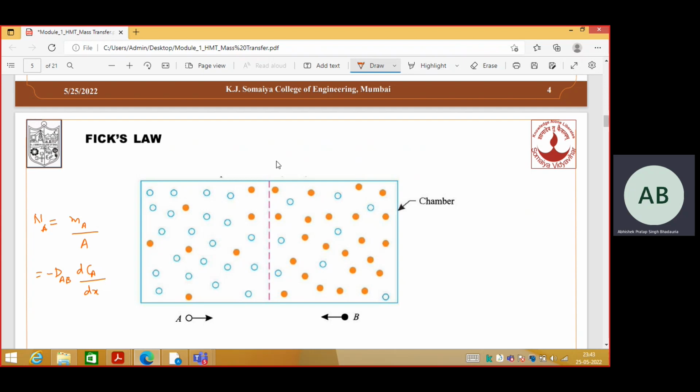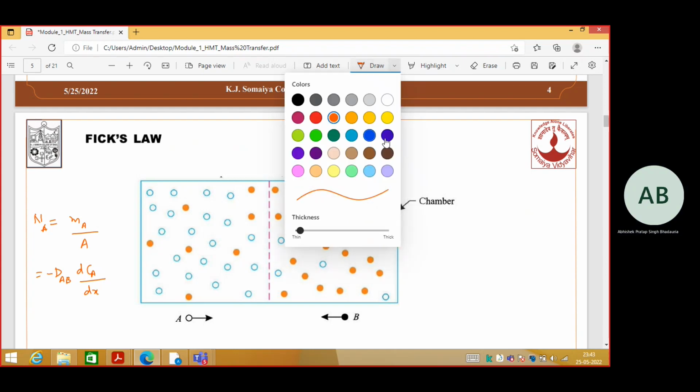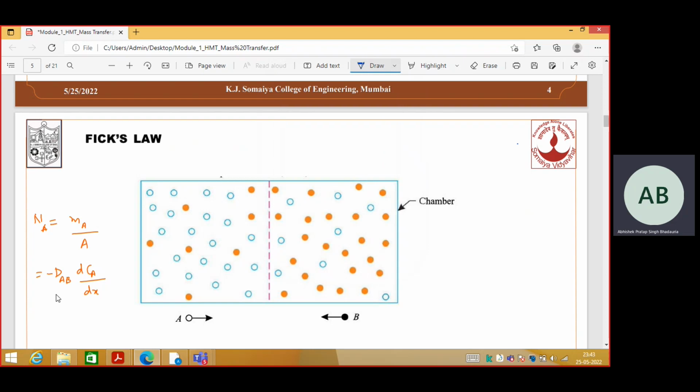So what is the meaning of N_A? N_A represents the mass flux of species A, and the unit will be kg per second meter square, or we can say kg mole per second meter square.